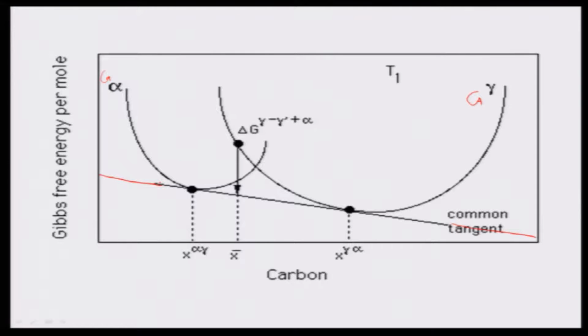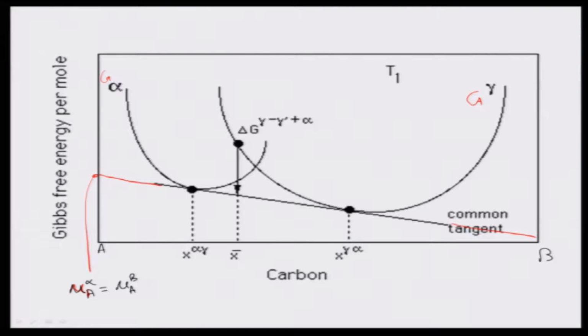What is that to be satisfied? In that case I have to draw a common tangent between these two curves, the way I have drawn the tangent, and if I draw a common tangent, these points will tell me what? This point will tell me mu A alpha equal to mu A, because this is A end, this is B end, gamma, because it is a common tangent.